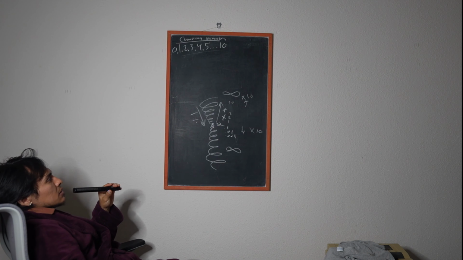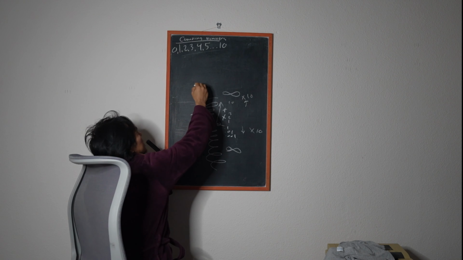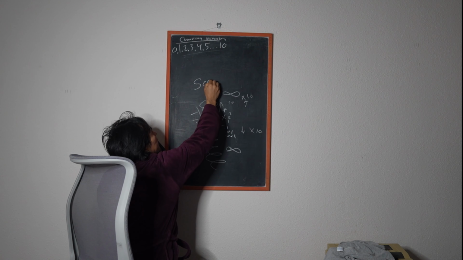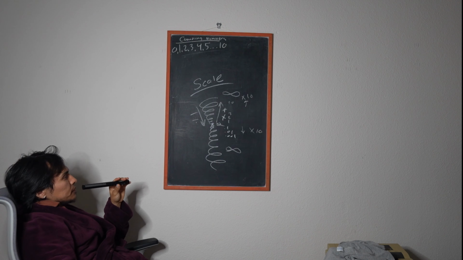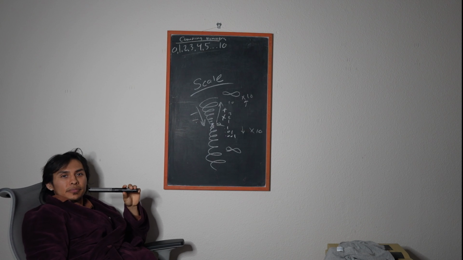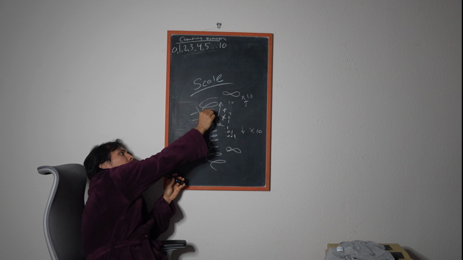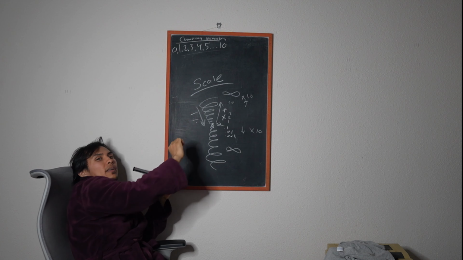I guess the biggest thing to share here is scale. Scale is everything in math. The better you understand scale, the better time you're going to have in math. Now, numbers, they go down like this. I can't explain yet why, but they do.